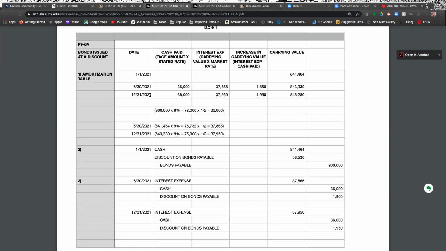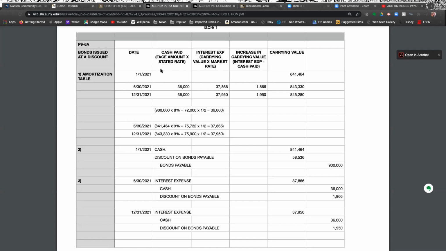In reality, if you were doing this for the full 10 years, 10 years times 2 interest payments is 20 interest payments plus this January 1st entry, so your table would be 21 lines long. They didn't want you to do that. That becomes too tedious, so they just wanted you to do enough to get the hang of it.